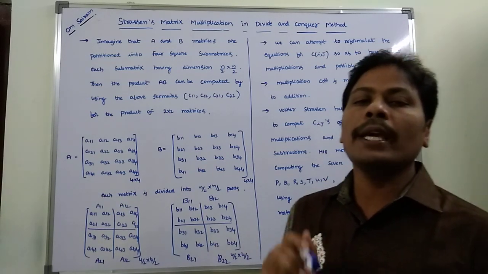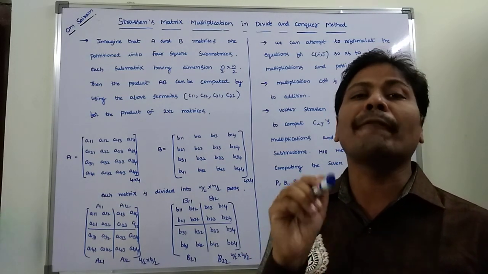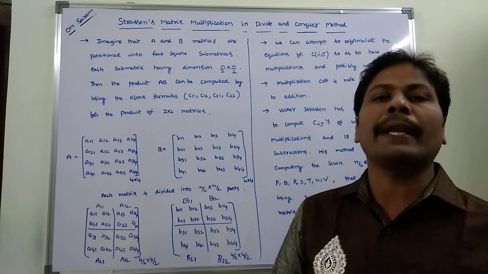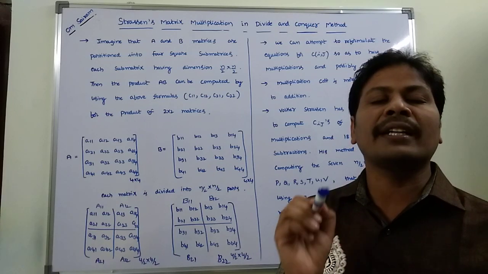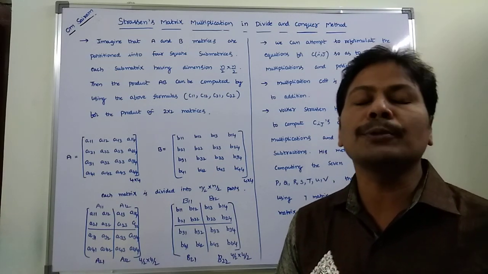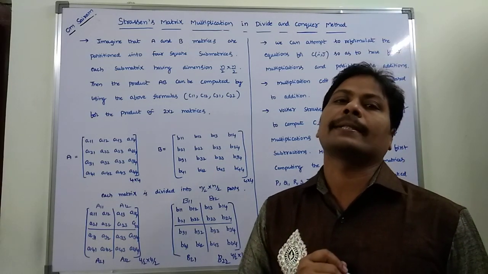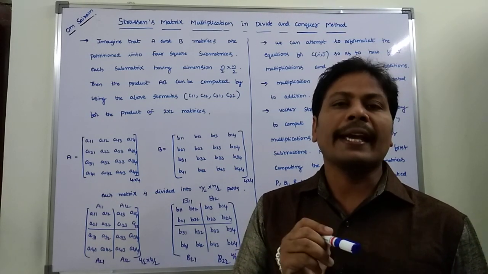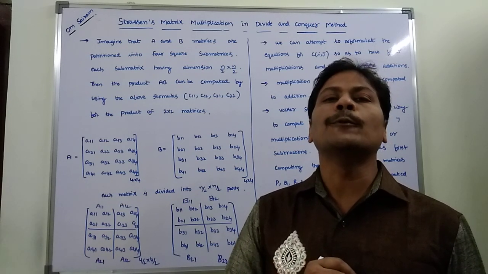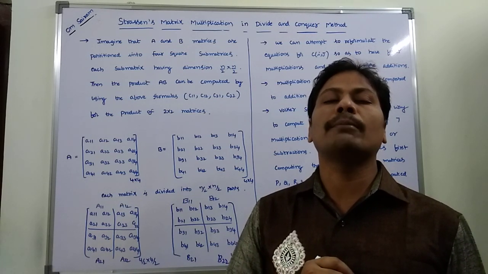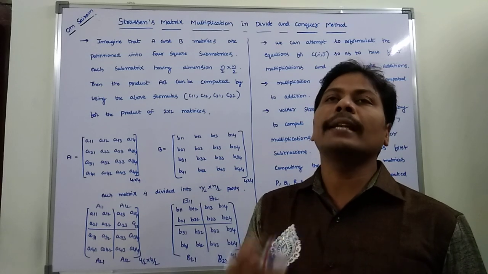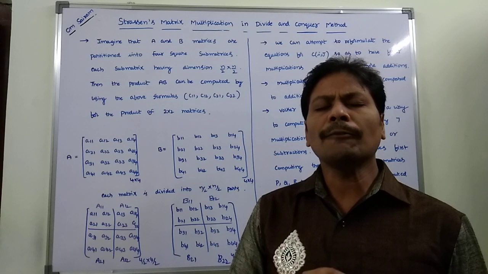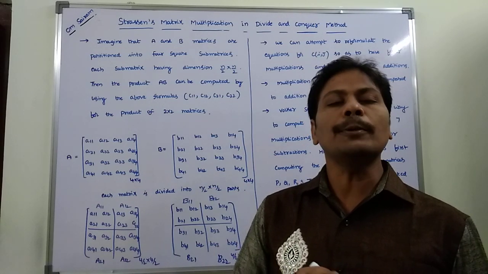Here we have to apply the divide and conquer technique. Each matrix can be partitioned into n by 2 and n by 2 matrices. So the given matrix A can be partitioned into 4 submatrices of size n by 2, and matrix B is also partitioned into 4 submatrices of size n by 2.